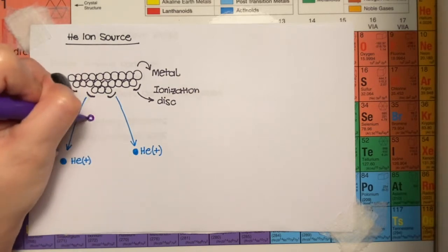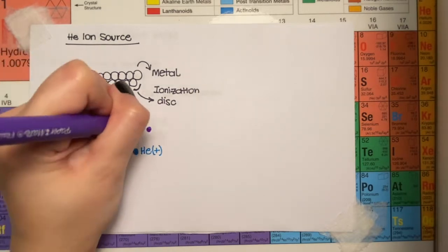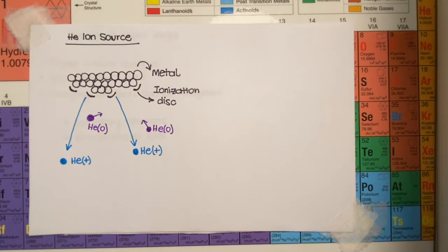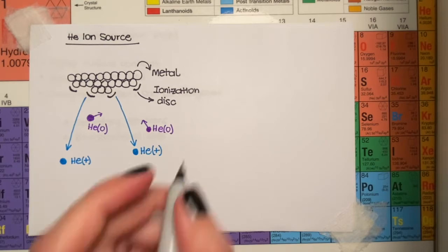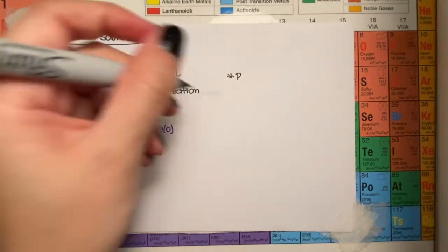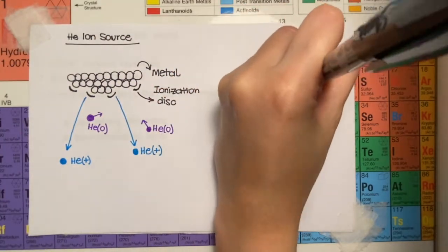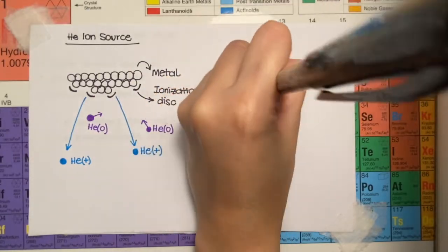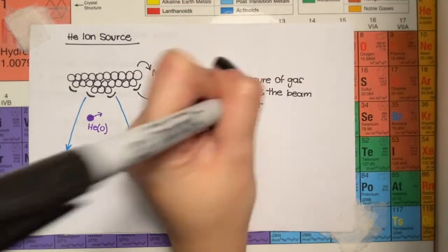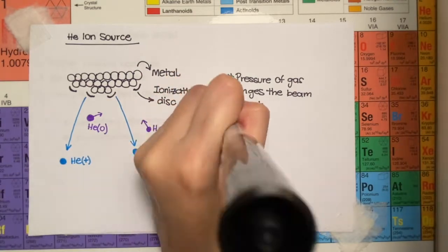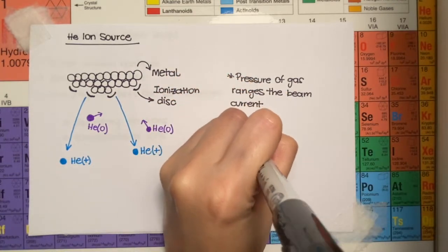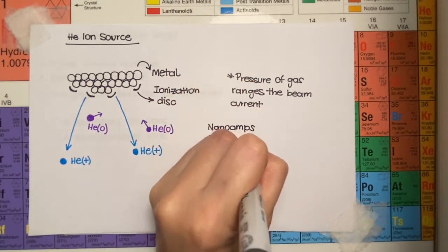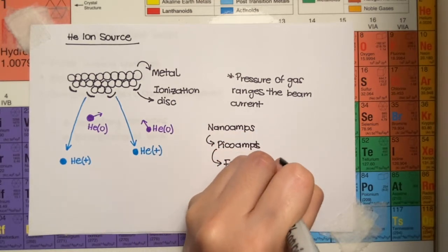This gas atom, now positively charged, is accelerated away from the ionization disk, so each of the apex atoms creates a beam of helium ions, and one of the ion beams is allowed to pass down the column and be focused, as it is scanned across the sample. Regulating the pressure of the gas ranges the beam current from nanoamps to picoamps to femtoamps to attoamps, and also the source is reported to be stable and reliable.